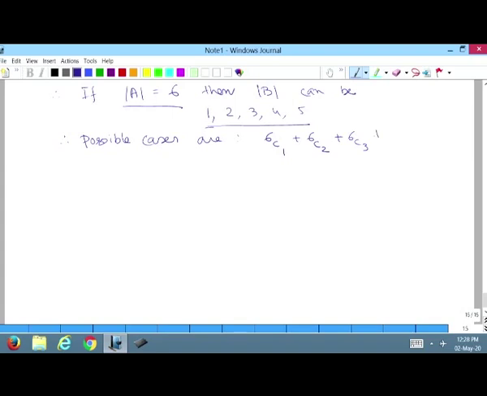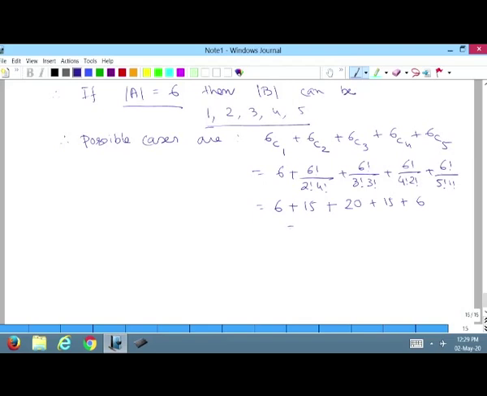Similarly, 6C3 plus 6C4 plus 6C5 is equal to 6 plus 6!/(2!·4!) plus 6!/(3!·3!) plus 6!/(4!·2!) plus 6!/(5!·1!), which is 6 plus 15 plus 20 plus 15 plus 6, equal to 62 ways.